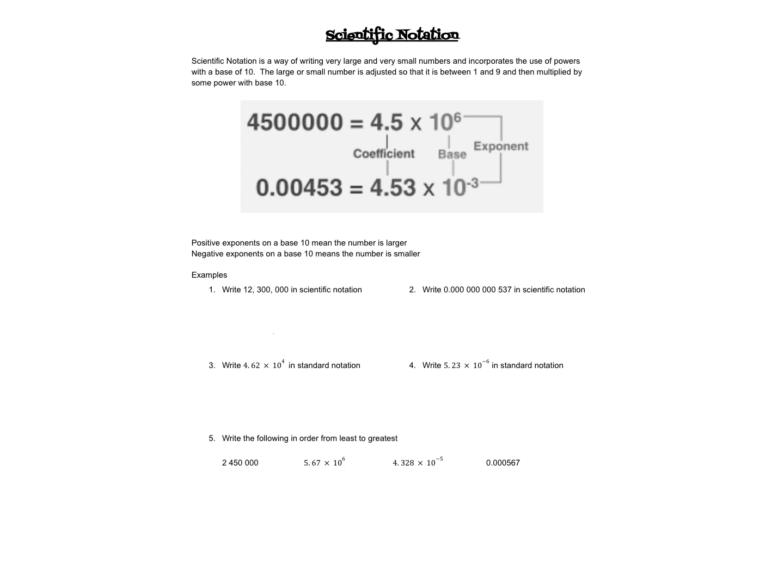So what you do is you put the decimal in between the first and the second number. So here 4.5, the decimal goes between the 4 and the 5, and you have to see how many places that decimal moves to get there. When there's no decimal showing, the decimal is at the end of the number.